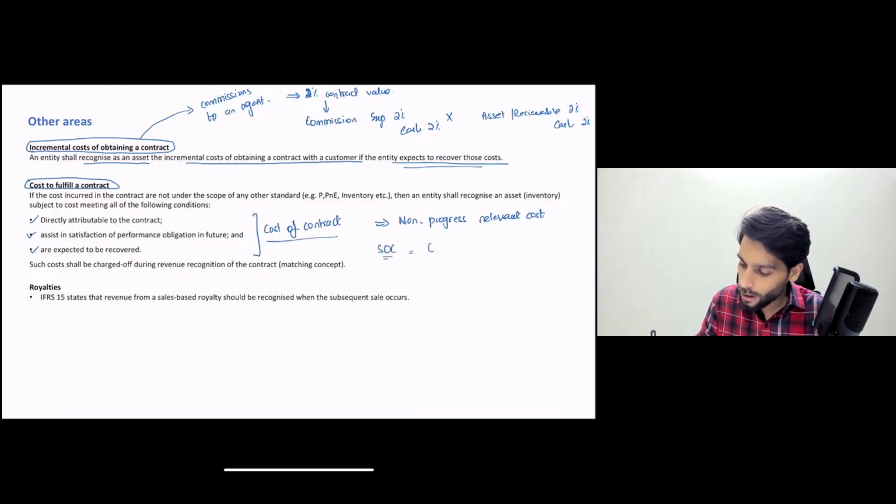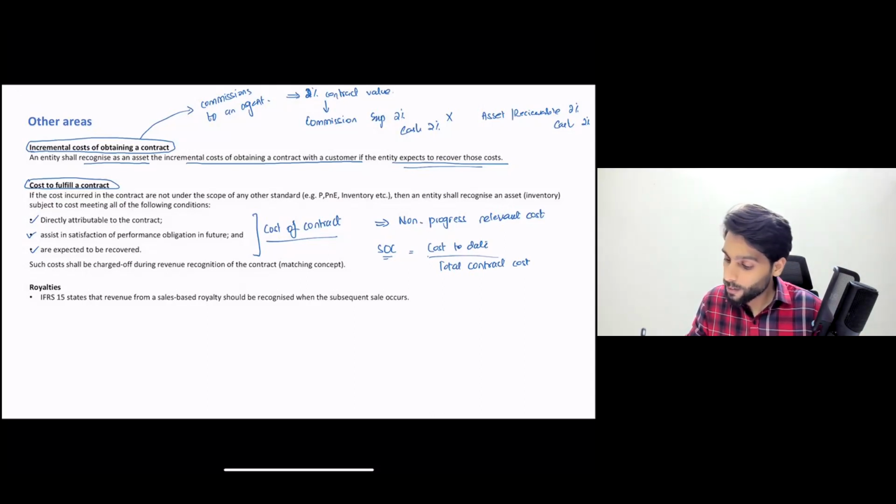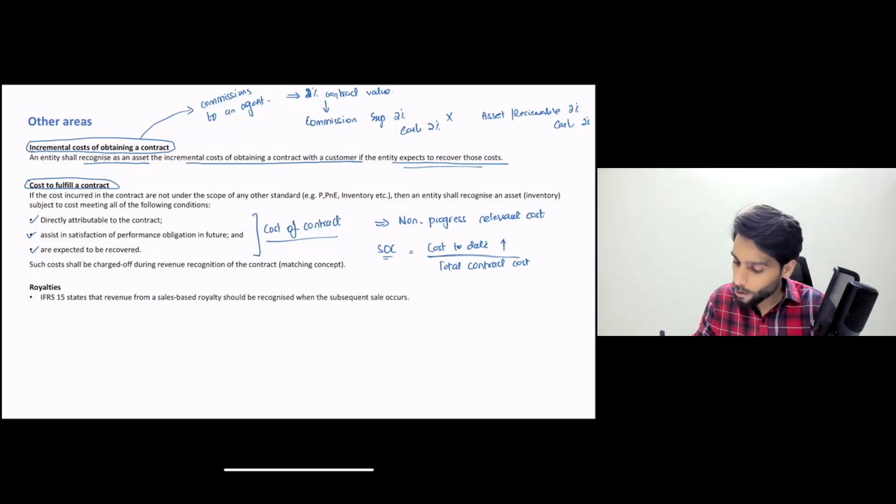And this stage of completion is calculated as cost to date divided by total contract cost. Now IFRS 15 has an inherent problem. What? That if the company somehow creatively manages cost to date, if it increases cost to date, the stage of completion would increase. If the stage of completion increases, then the revenue would increase.